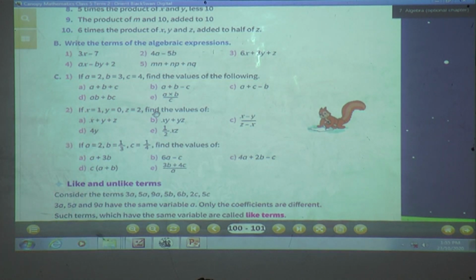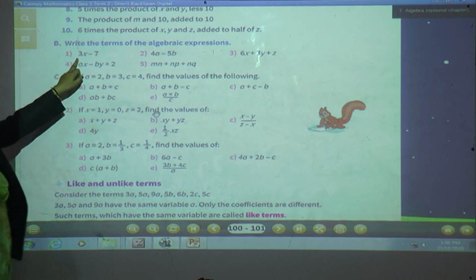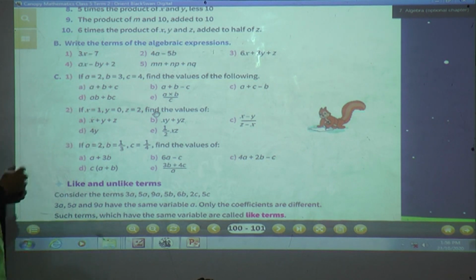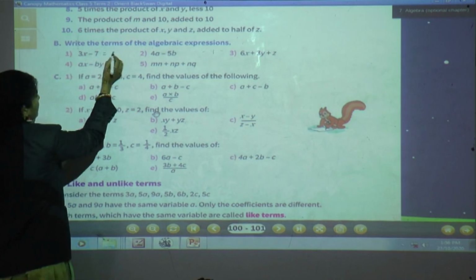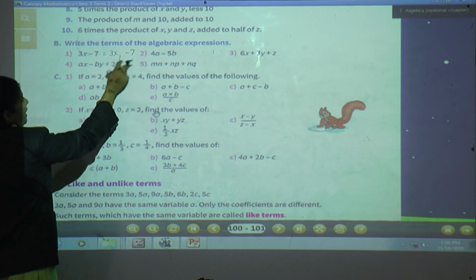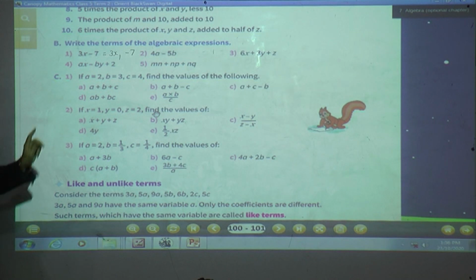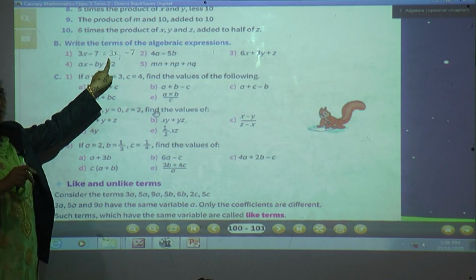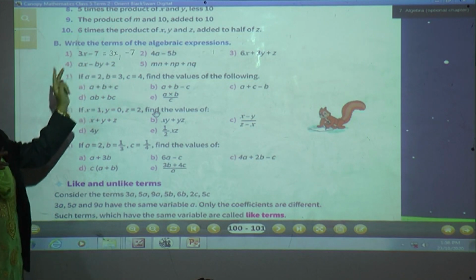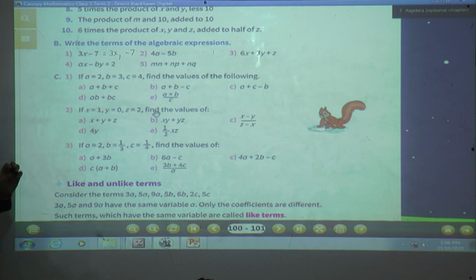So here we have to write the terms of the algebraic expression. Here the expression is 3x minus 7. So what are the terms in this expression? In this expression, 3x and minus 7 are the two terms. I told you the number will also come, and the variable, the letter, will also come, even the sign also.